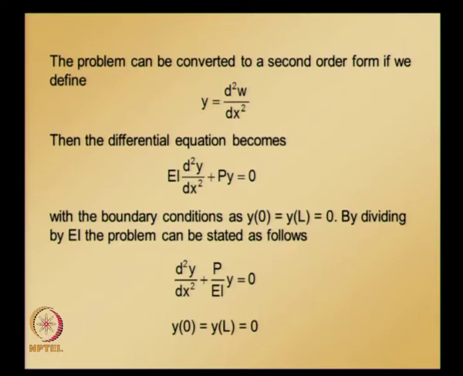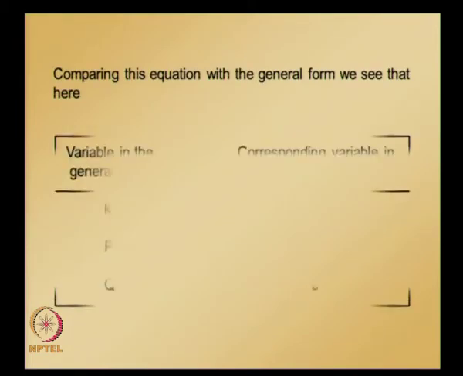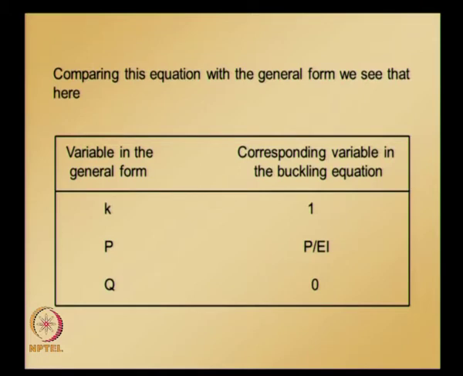Before we proceed further, we can make a comparison of both equations. Comparing this equation with the general form, we see that the corresponding variables can be identified, and once we identify them, we can write the element equations.